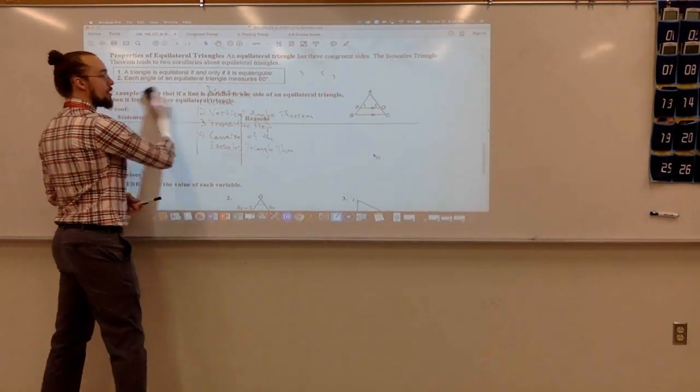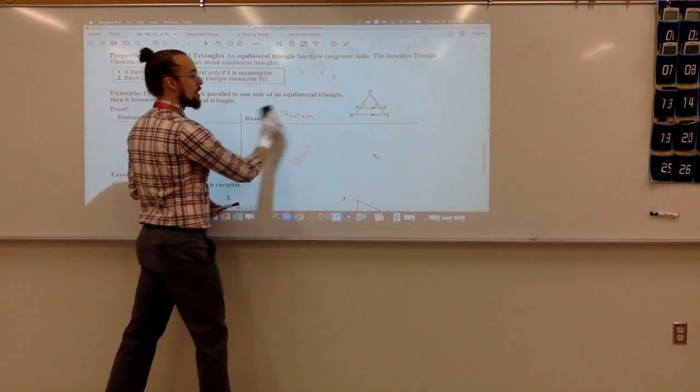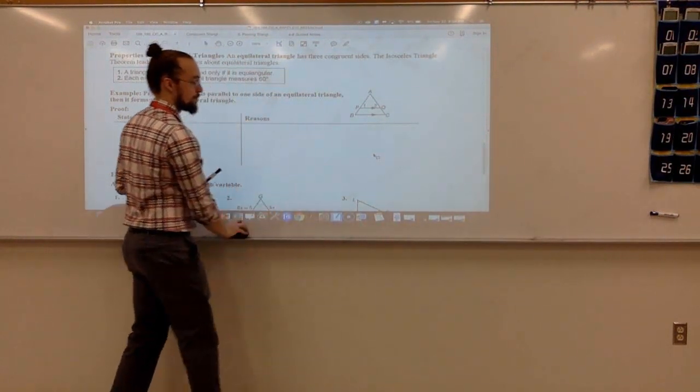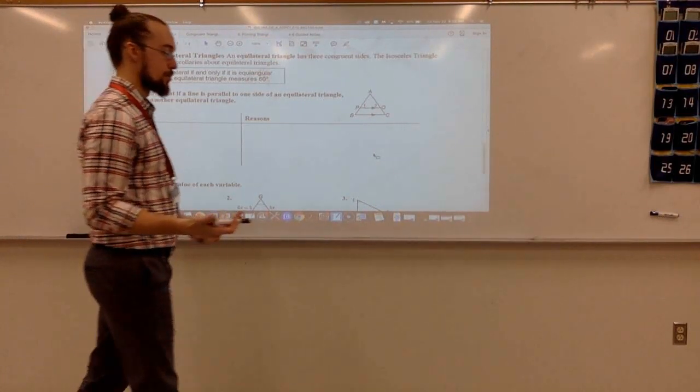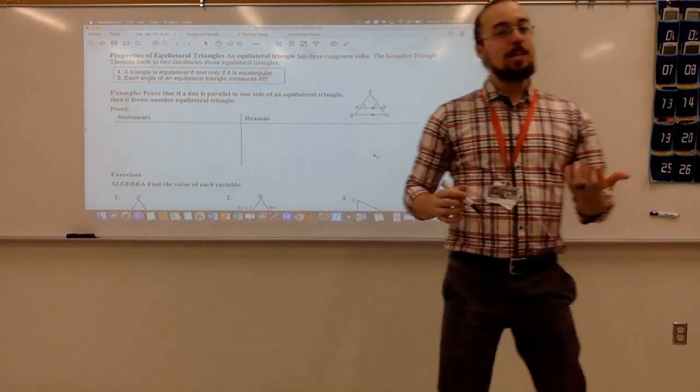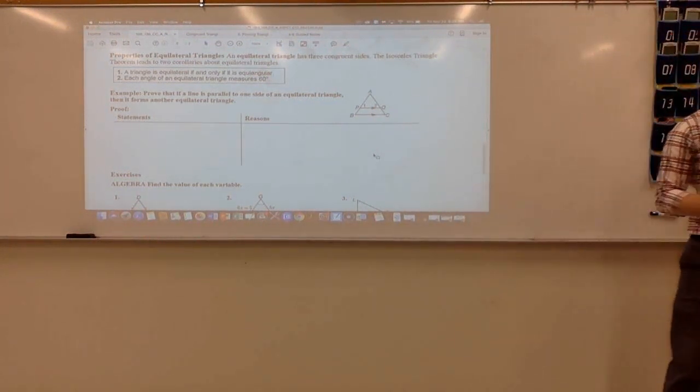All right, so on the back, we're going to talk about equilateral triangles. We said isosceles means that exactly 2 sides and therefore 2 angles are the same. In an equilateral triangle, all sides are the same.